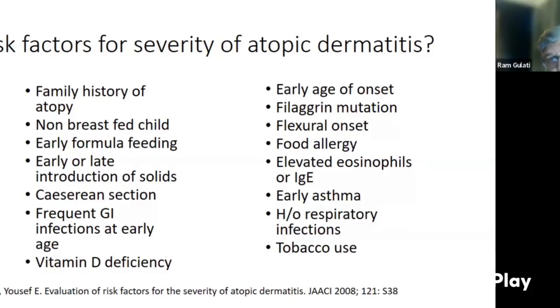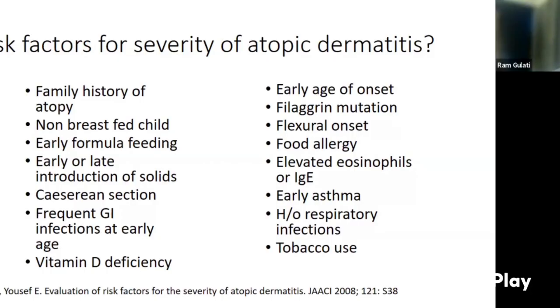Filaggrin mutation again increases the severity. Flexural onset again has been said to probably present with a more severe eczema. Food allergy can increase the severity of the atopic eczema if it is contributing to children who have moderate to severe eczema. And if you take control of the food allergies or avoid those certain foods, the eczema tends to become more manageable.